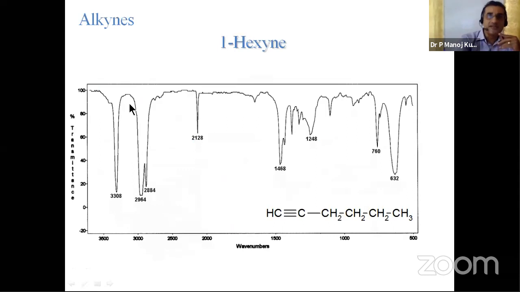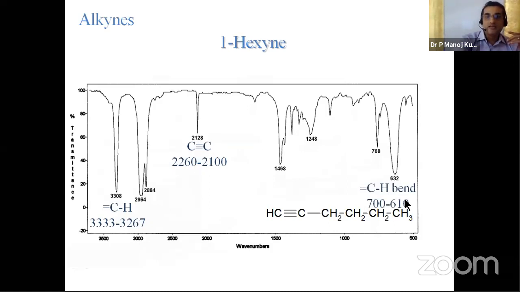Here you have the alkynes. Can you see here? CH stretch of an alkyne. It will be the highest. It will come around 3267 to 3333. C triple bond C, around 2250 you will be getting it.